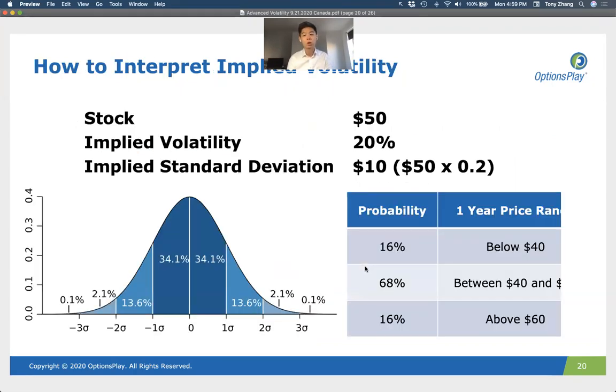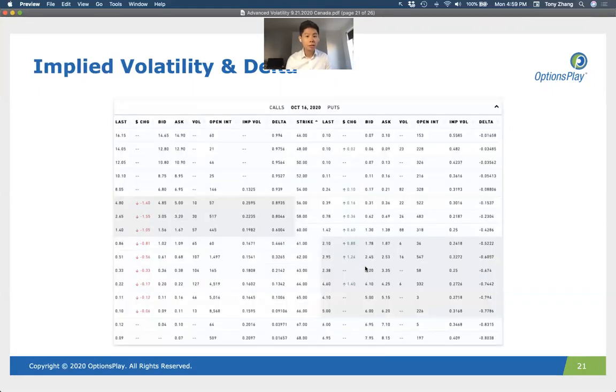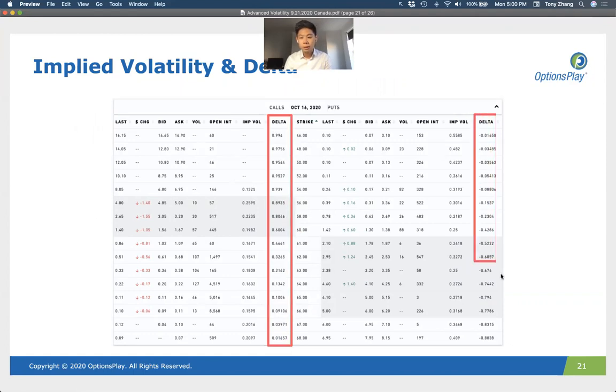And that's really where we turn to using the implied volatility and delta calculations that are actually calculated off of implied volatility. So we can use delta, and just to backtrack a little, the delta here, which is the column right here, on both the calls and puts sides, is calculated off of the implied volatility that we back out from each option, or back out from the extrinsic value of each option.